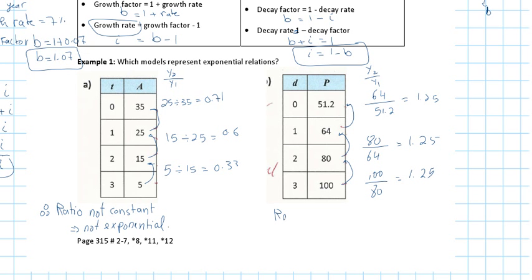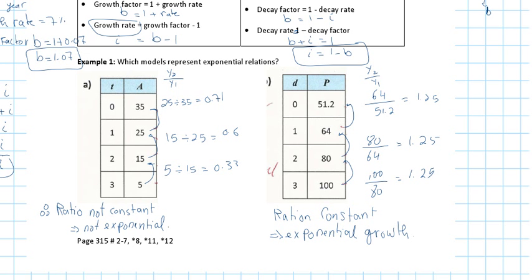What can you tell me about the ratio here? Therefore, is it exponential or not? It's an exponential growth, right? And how do you know it's an exponential growth? Because the ratio is greater than 1, correct. Not the rate, the growth factor.